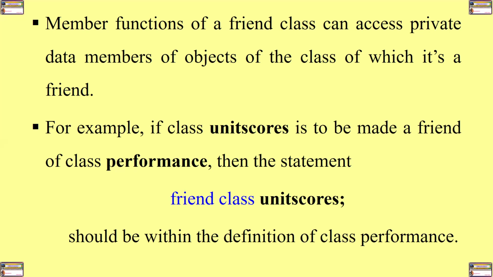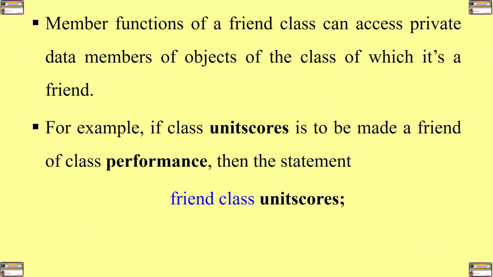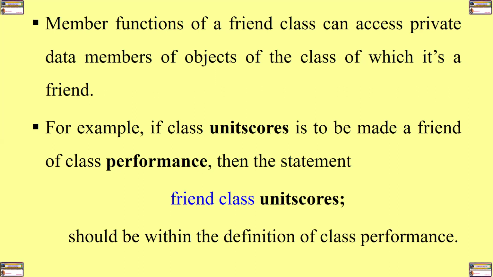Now, as we are saying, if you have a class called performance and you want to make the class called UnitScores to become the friend of this class called performance, then what you just need to do is to prototype UnitScores under class performance. And how do you do it? You have to write it as follows: friend class UnitScores.